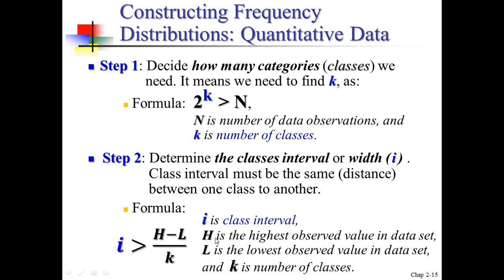For example, your class has 50 students, and I study their age. Among the 50 students, only one age is the oldest, and only one age is the youngest.